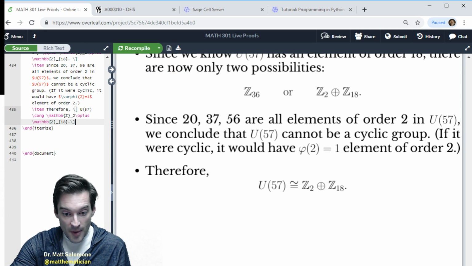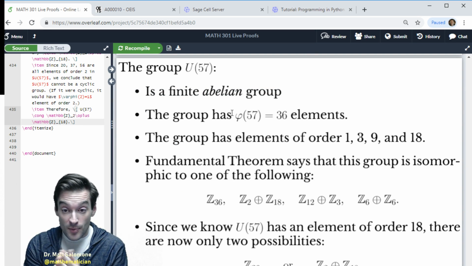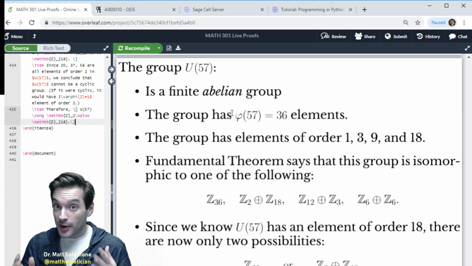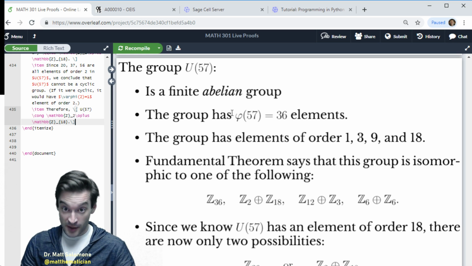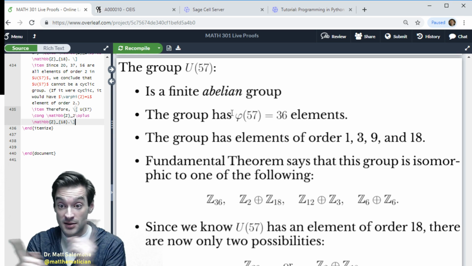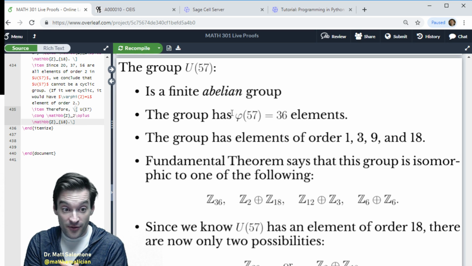So let's go all the way back up to the top of what we learned about this group and just review. So U57, it's the multiplicative group of units mod 57. It's a finite abelian group. It's finite because it definitely has a finite number of elements. It's abelian because multiplication mod 57 is a commutative operation. Its order is the Euler phi function of 57, 36, right?